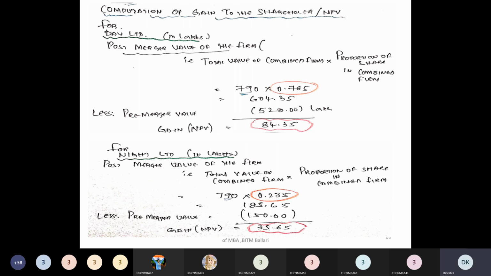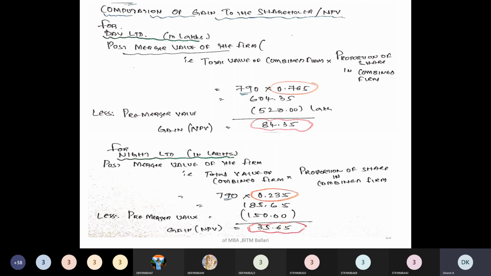Similarly, if you want to calculate the net present value for the target company, the post-merger market value of the firm is equal to the total value of the combined entity, 790, which we calculated in the first sub-question, multiplied by the proportion of shares of the combined entity, which we got as 0.235.